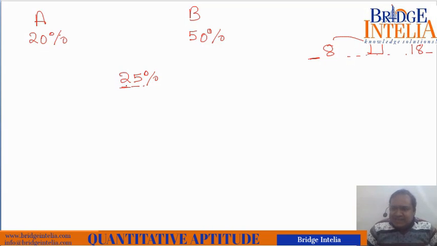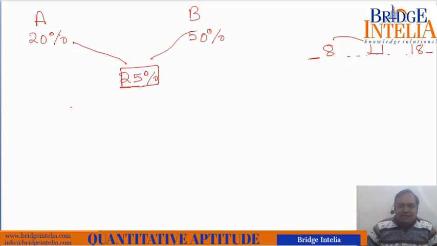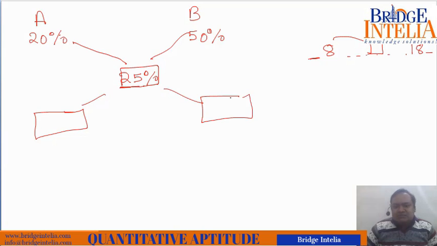In this case, it is already known that the resultant should be 25%. Now you are trying to answer in what ratio I should have mixed these. While solving these kinds of questions, you have to use the crisscross method. Take the difference between 20 and 25, that means the original value and the resultant value. The difference is 5.